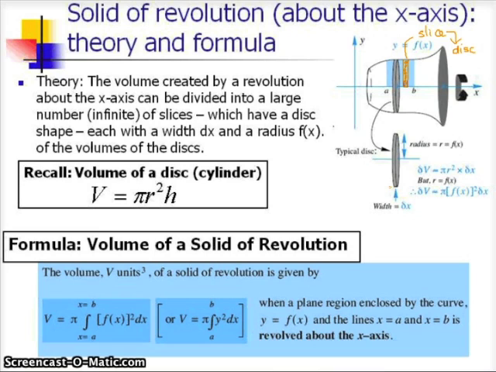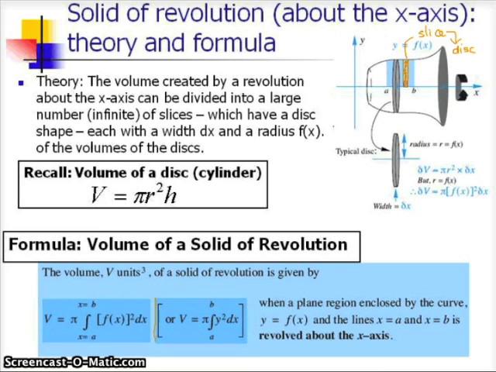So this little disc is like a little skinny cylinder, so we use the formula for a cylinder. The volume is equal to pi times the radius squared. Well, the radius, as I've already said, is just this length here, the y value underneath the curve. So we can substitute f of x for r. So the volume becomes pi times f of x squared times the small height, or the delta x, the thickness of the disc.